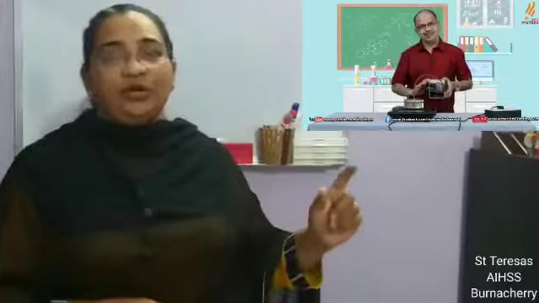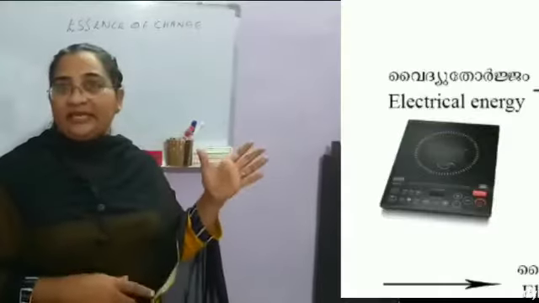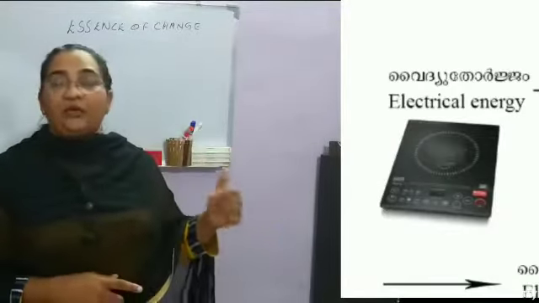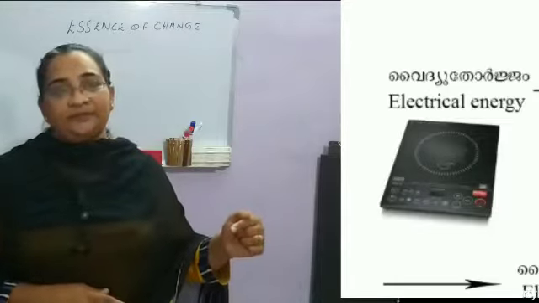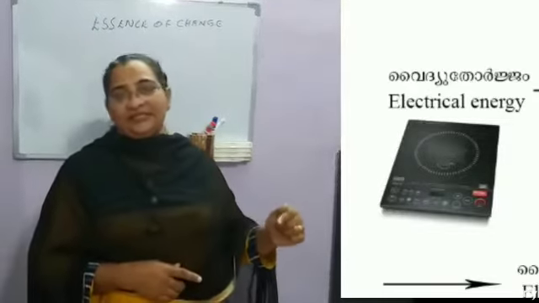Now what are the different types of energy we see in the experiment? Here we can see that energy can be transformed from one form to another. So here you can see the transformation. Now look at it. What is the first one? It is the induction cooker. How does the induction cooker work? With the help of electricity, isn't it?